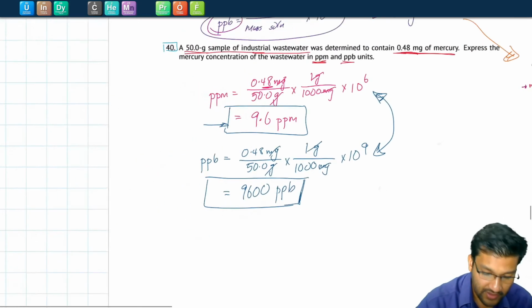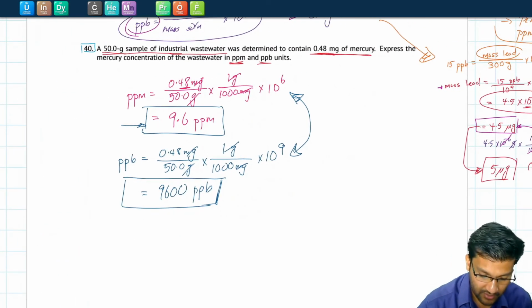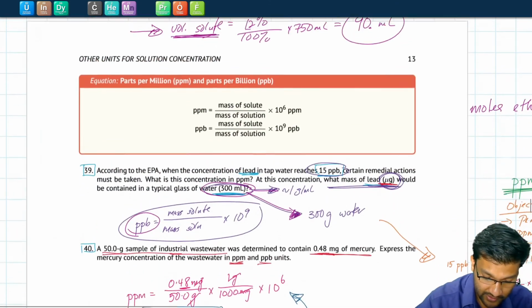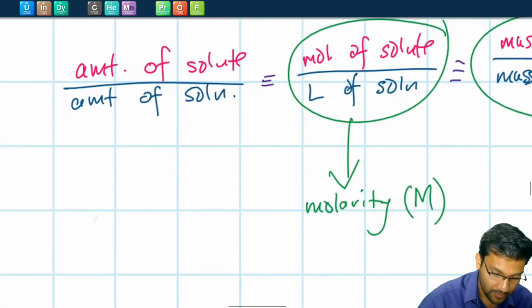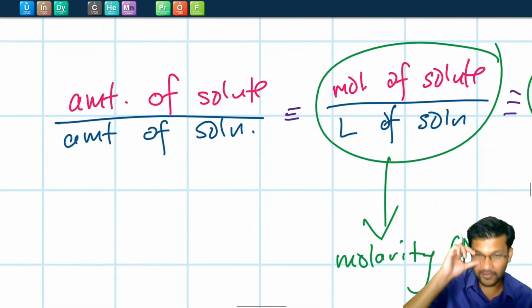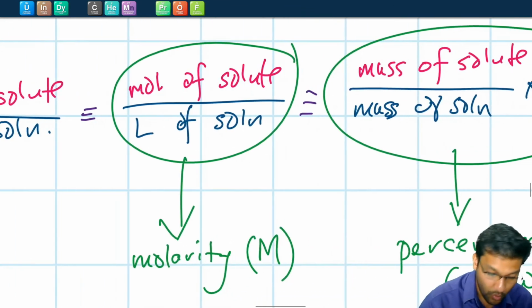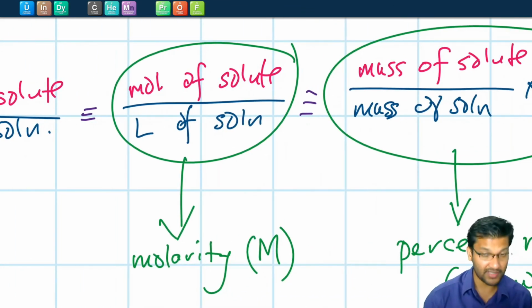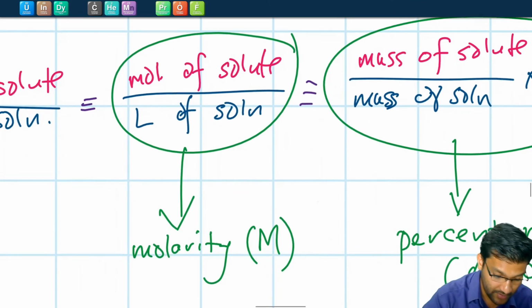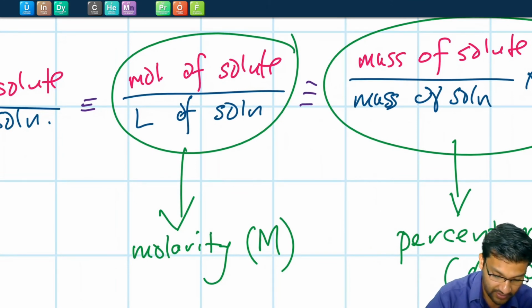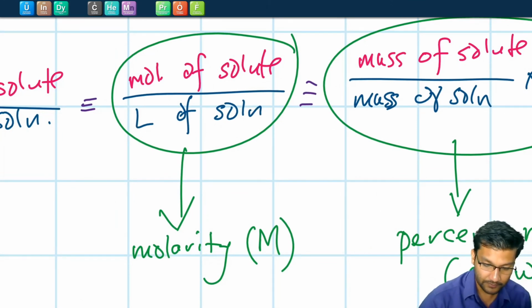All right, so that will bring us to our various different solution concentration units. Let's go back to our notes up here, where the various different concentration units are just some measurement of the amount of solute over the amount of solution. The one that we'll use the most in this course is going to be molarity, where the amount of solute is in moles, the amount of solution is in liters.